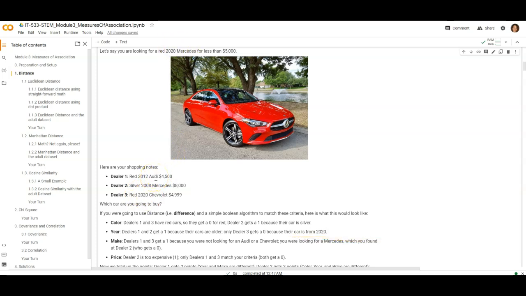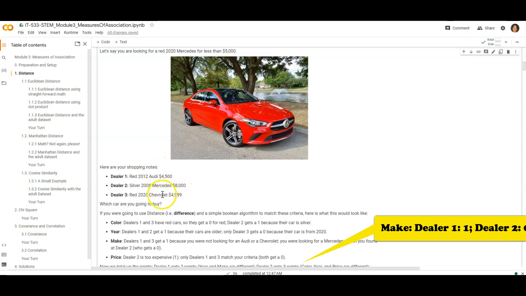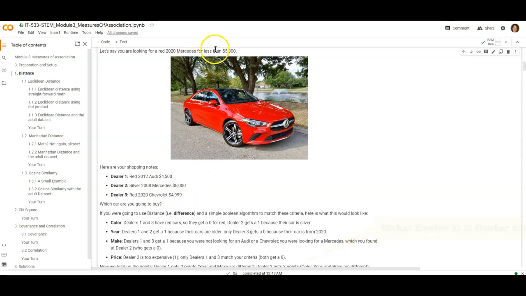So now let's move on to the make. We have Audi, Mercedes, and Chevrolet. You guessed it, dealers 1 and 3 each get a 1 because Audi and Chevrolet are different from Mercedes. However, dealer number 2 gets a 0 because Mercedes is the same as Mercedes, so there is no distance between the two.